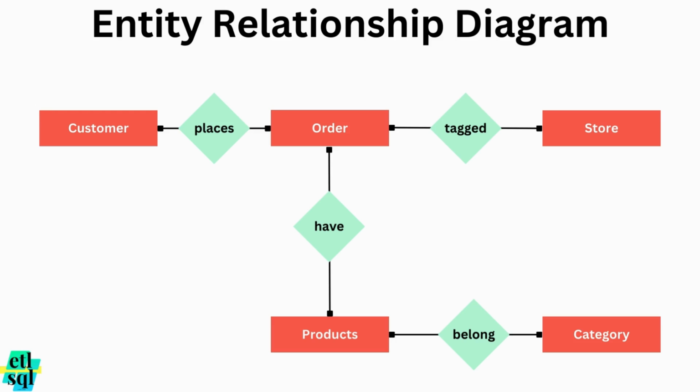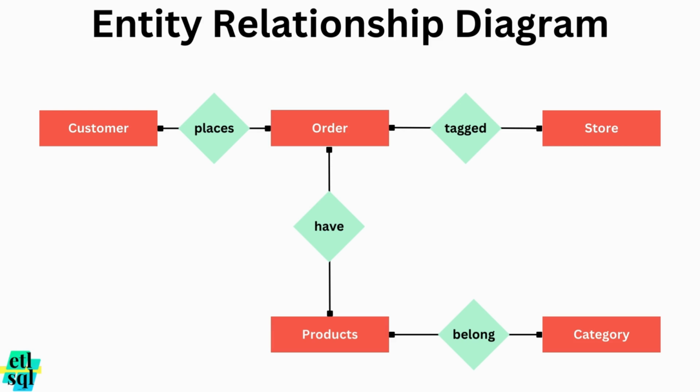In this case, I have customer, order, store, products, and category as part of my entities. And then I have established relationships. Customer places order. Orders are tagged to store. Orders have products. Products belong to category. So my very first step while building an entity relationship diagram is to put entities and relationships in place.